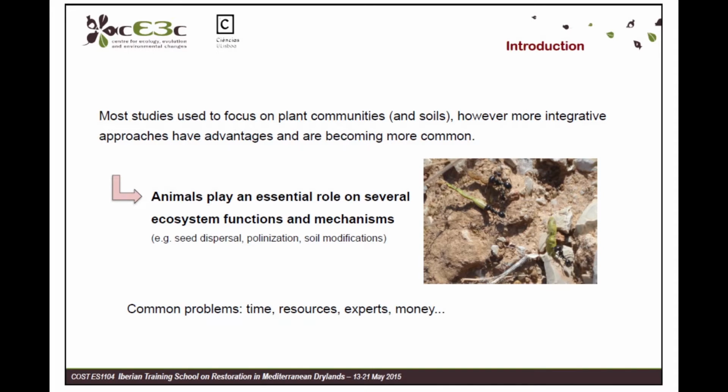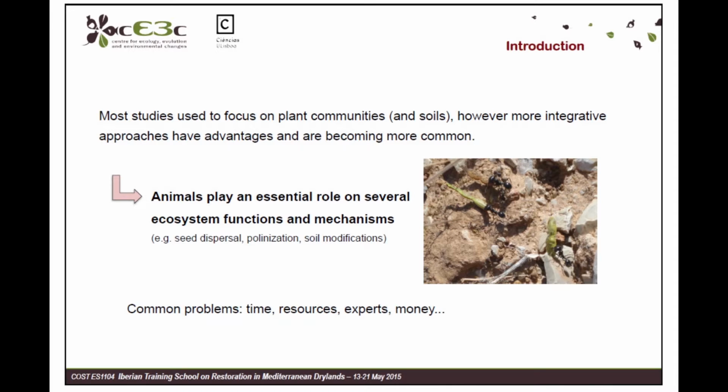But animals play an essential role in several ecosystem functions and mechanisms, like seed dispersal, pollination, and soil modifications. But usually they have a big problem: we need more time to study them.